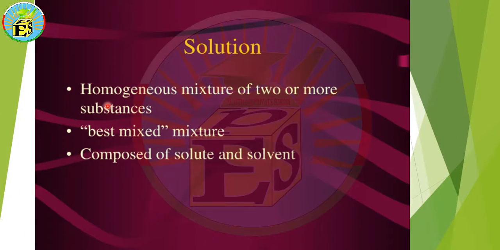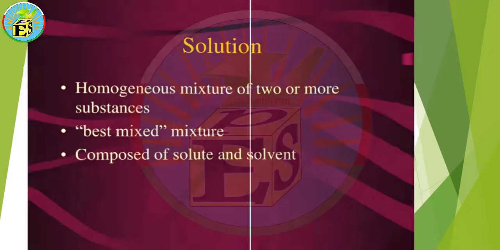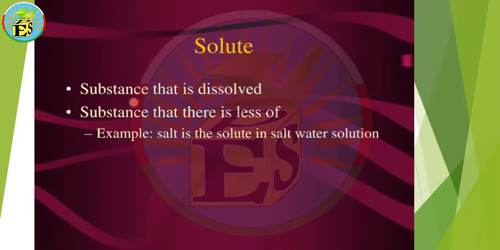Solution: a homogeneous mixture of two or more substances, composed of solute and solvent. What is the meaning of solute and solvent? The solute is the substance that is dissolved, the substance that there is less of.